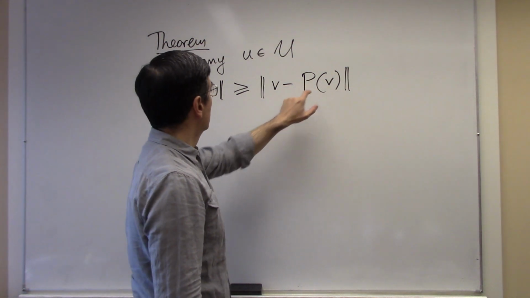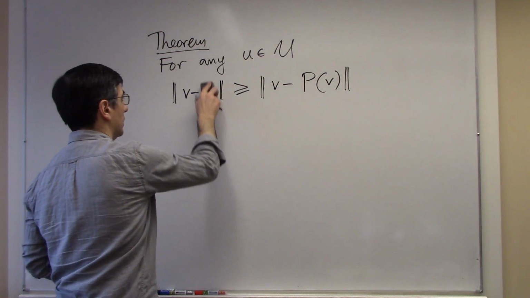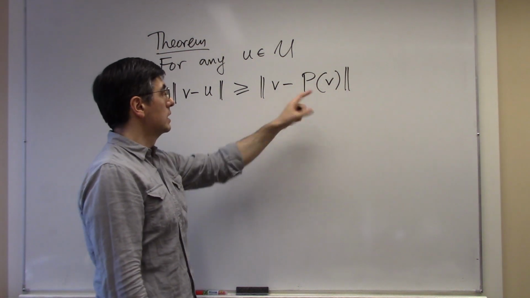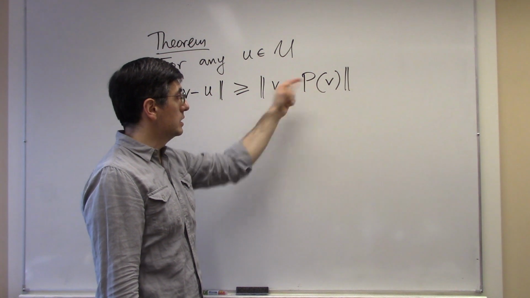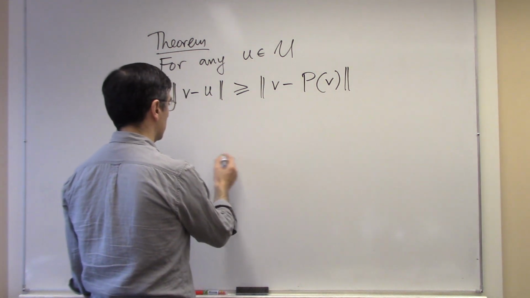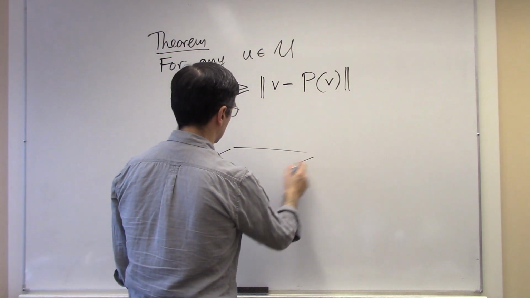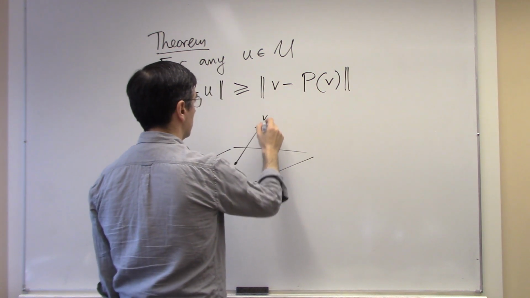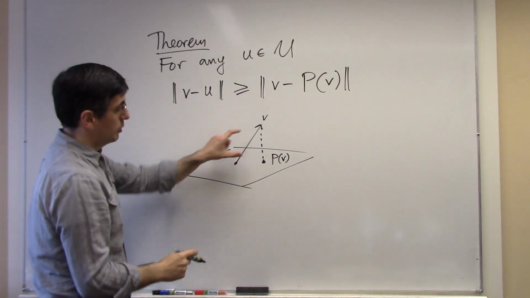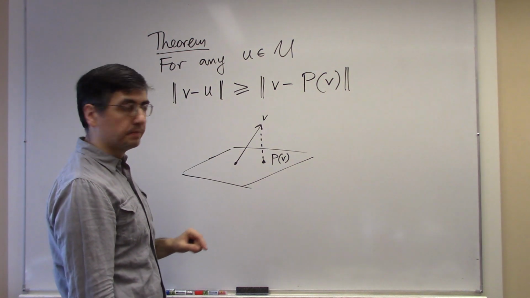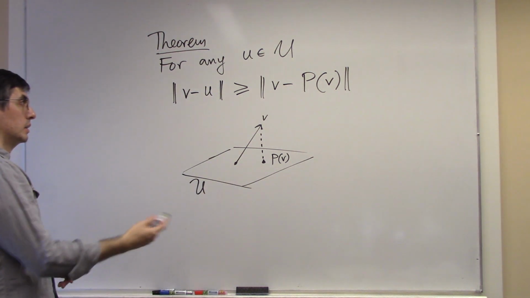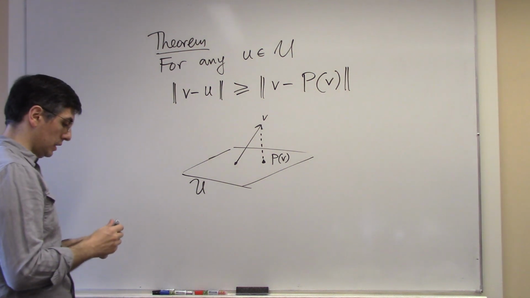So this is a vector in U, and so this simply means that this PV is the closest point to V among all the points in U. So again, in a slightly more complicated example, if this is your V, and this is PV, this is the point that is closest to V among all the points in U. So if this is U, then you obtain the solution to the minimization problem by taking the orthogonal projection.